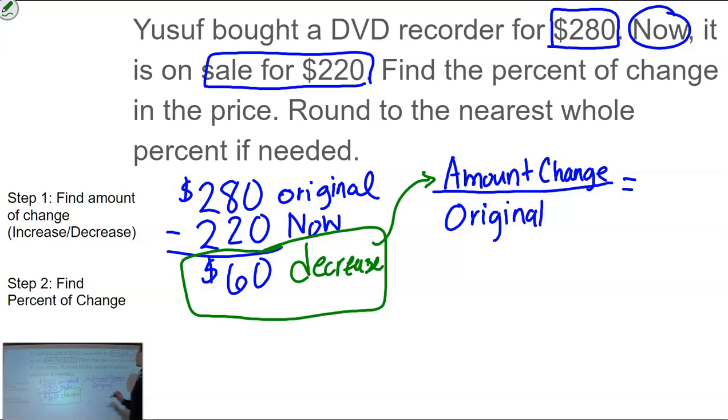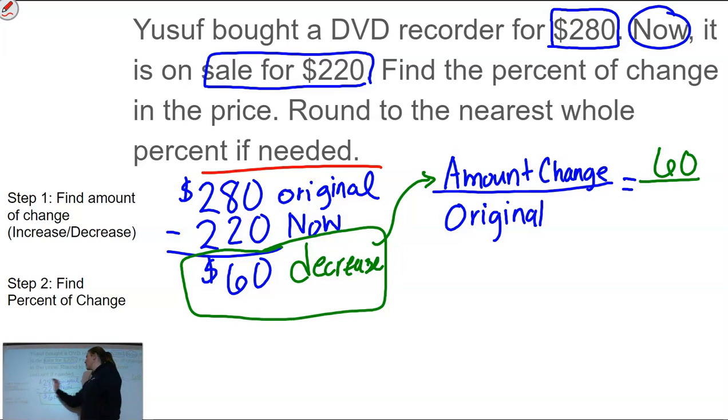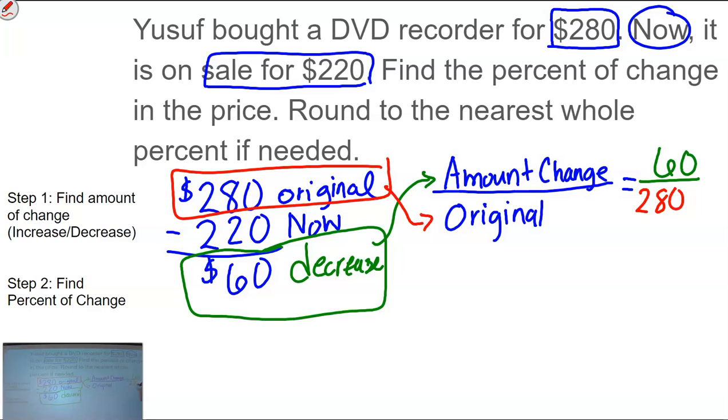So the amount changed is 60. And the original price, not the now, but the original, was 280. So in my calculator, 60 divided by 280 is 0.214, and there are some other numbers.